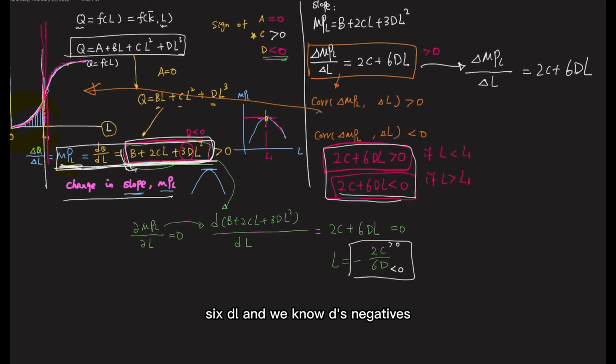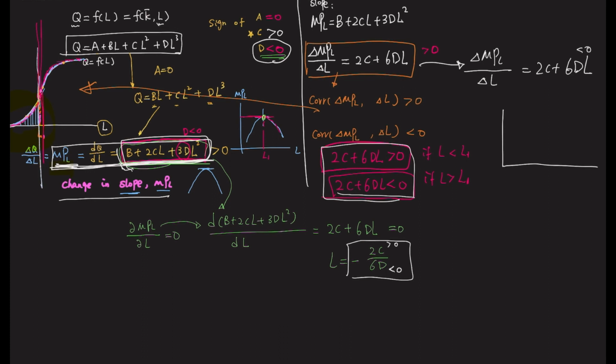And we already figured out D is negative. So this is the change in MPL over the change in L, and with D negative, it is downward sloping. So we need to figure out the sign of C.